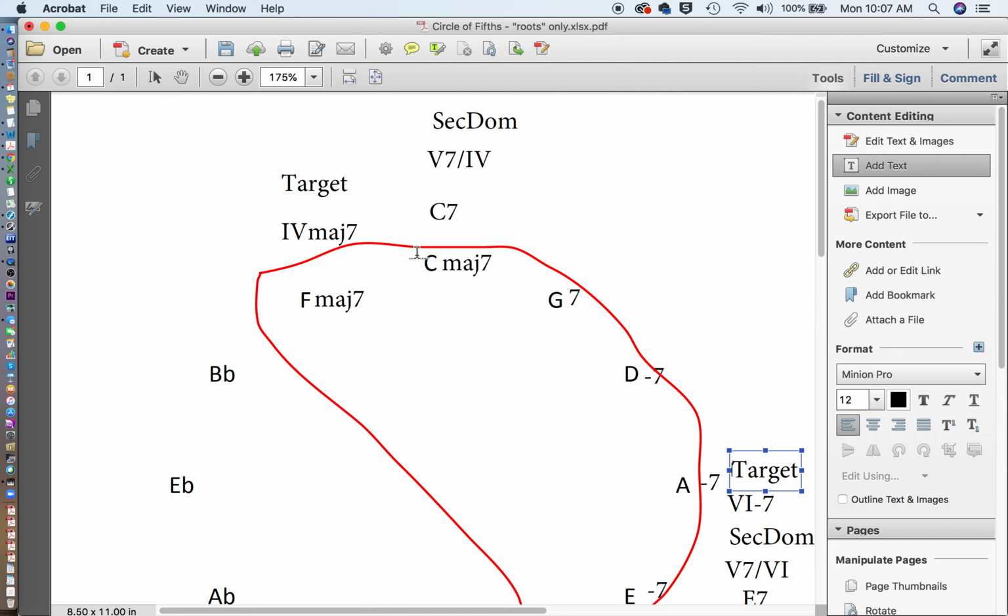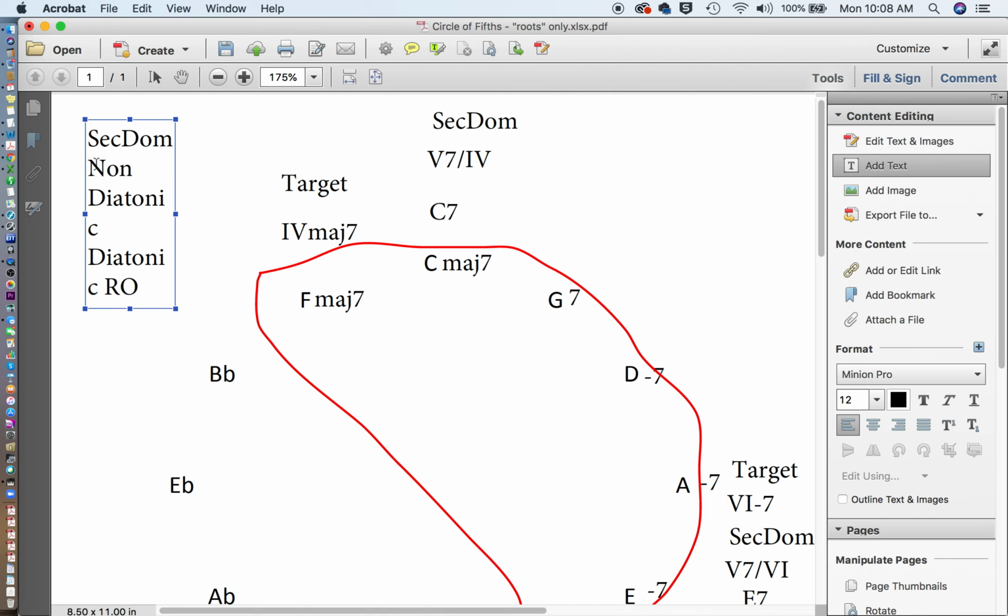but it still has a diatonic root. See, okay, C is the diatonic root, and then when we go over to the target chord F major 7, it is fully diatonic. So that would be a diatonic target chord. Okay. So to summarize, a secondary dominant is non-diatonic, but it has a diatonic root.